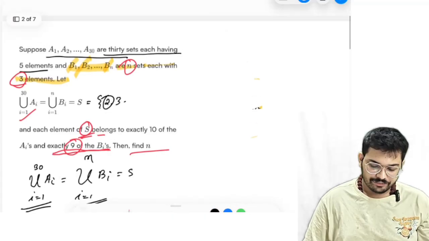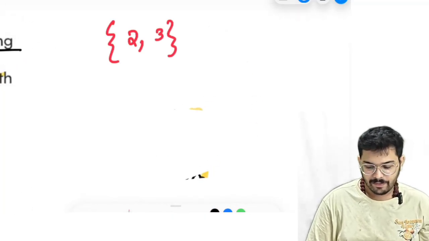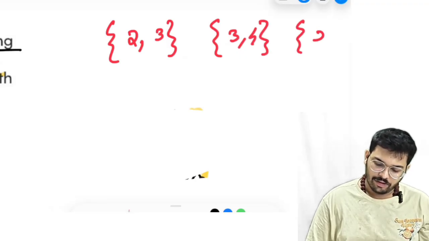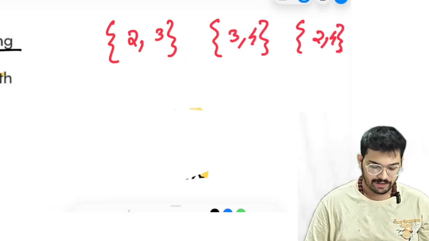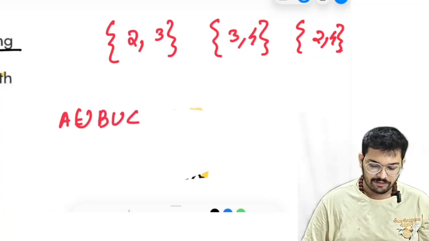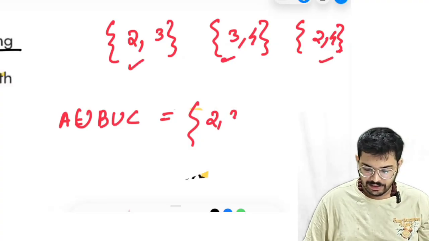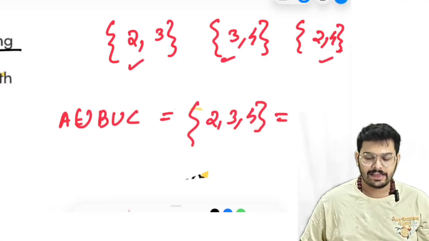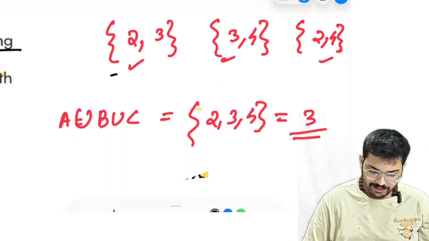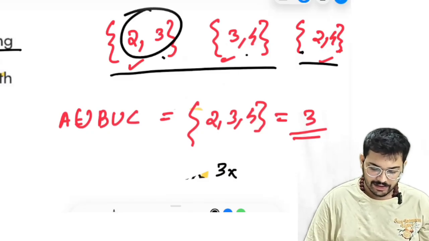The logic is, suppose we have 3 sets, that is 2 comma 3, then 3 comma 4 and 2 comma 4. Here I am taking the union. If I take the union, that is A union B union C, I am taking the union of all sets. What will I get? I will get 2, 3 and 4. Actually, how many elements are there? There are 3 elements. How did I get the 3 elements? I just took the number of sets, that is 1, 2, 3, which is 3, into how many elements each set contains.